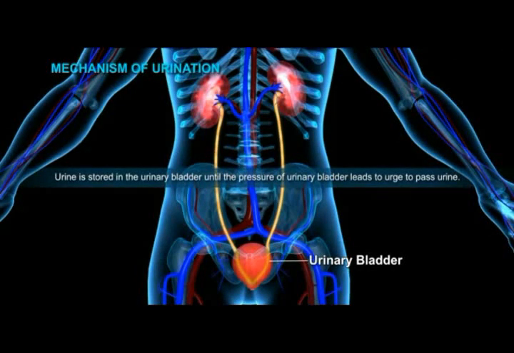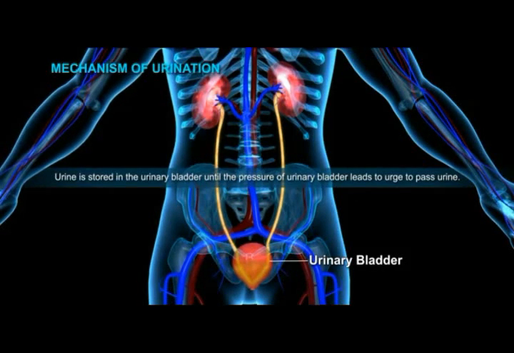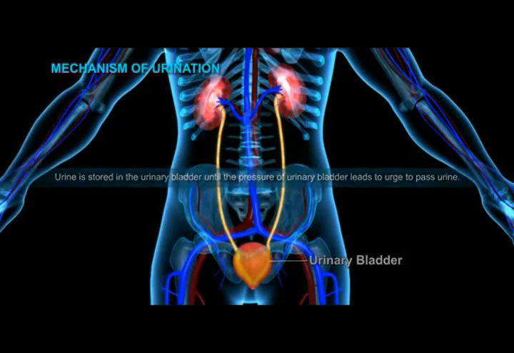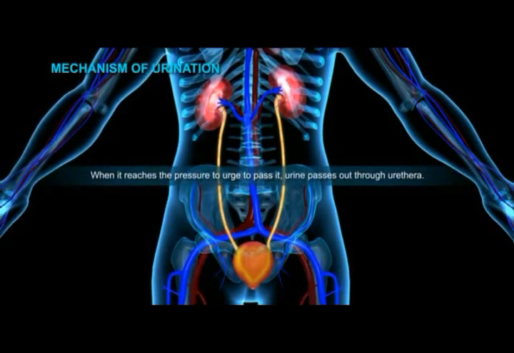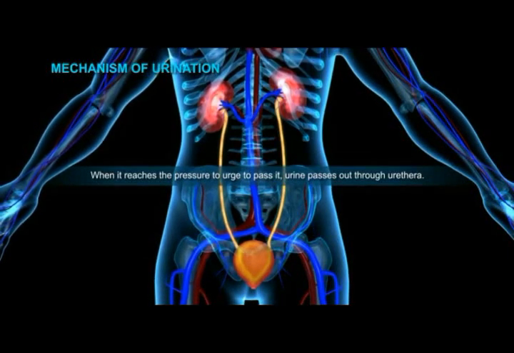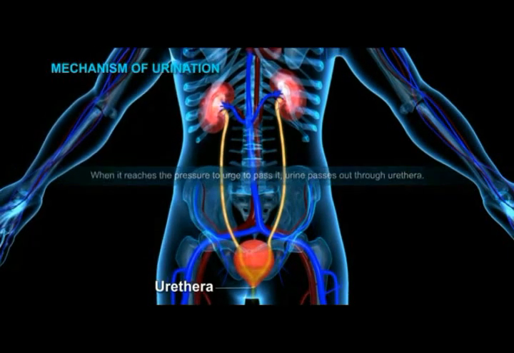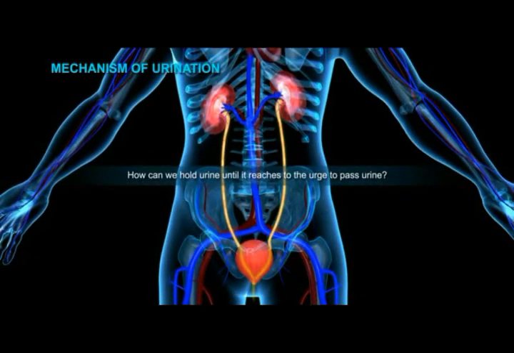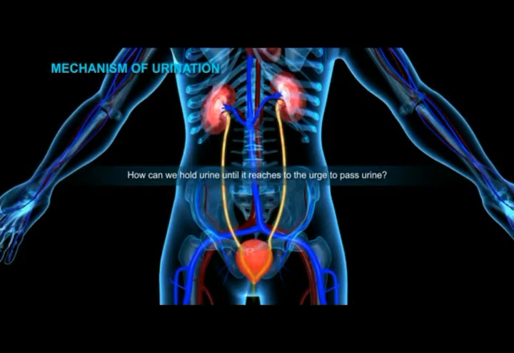The urine is stored in the urinary bladder until the pressure of the bladder leads to the urge to pass urine. When it reaches that pressure, urine passes out through the urethra. How can we hold urine until it reaches the urge to pass urine?